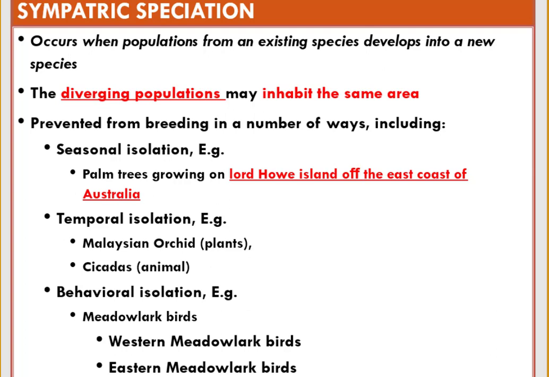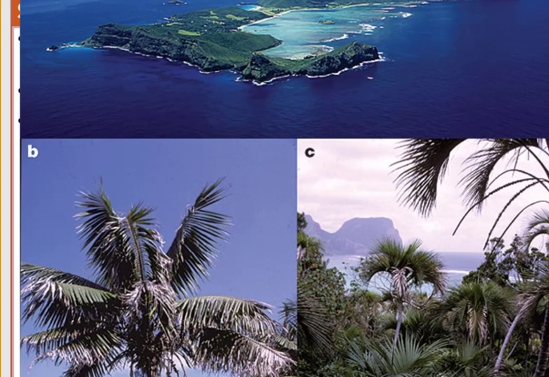In this mechanism, the different populations of a species reproduce at different times of the year. For example, palm trees growing on Lord Howe Island off the east coast of Australia.